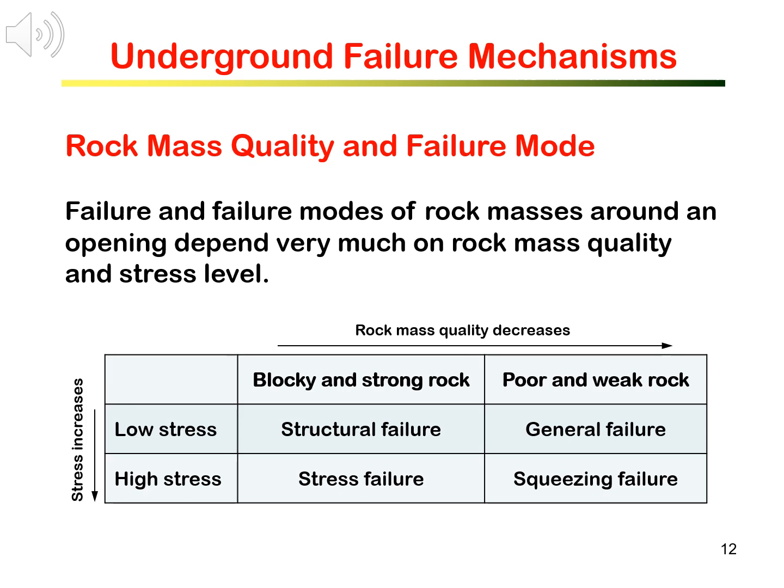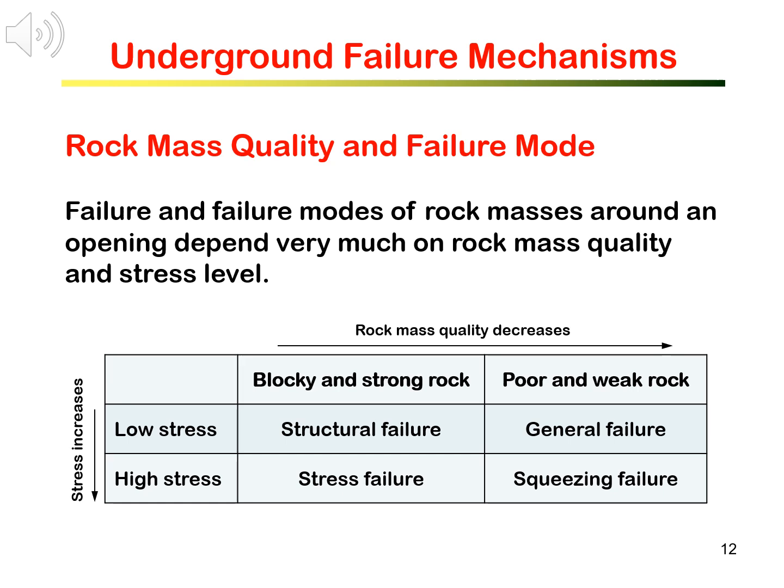Those two factors not only cause failure, but also define failure modes of underground excavations in rock, whether stress-induced or structurally controlled. The table below is a simplified diagram showing the effects of stress and rock mass quality on failure modes.